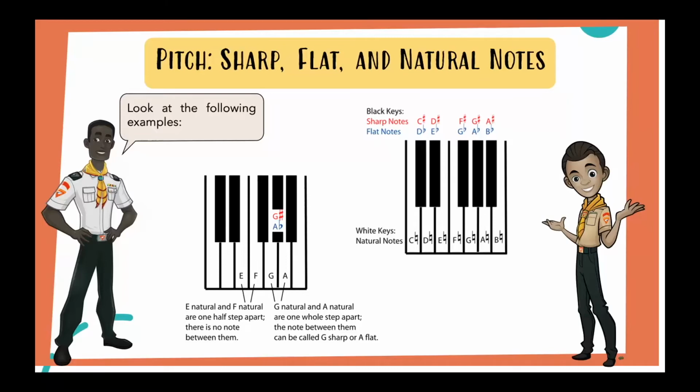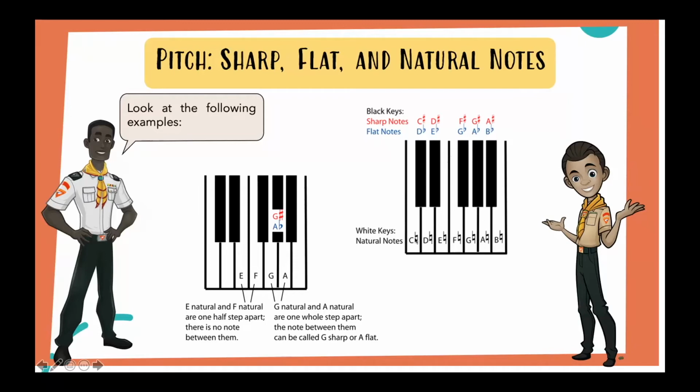That's right. So basically here we have C sharp or D flat, then we have D sharp or E flat. But here you see it's missing a note. It's because E and F are already a half step apart, but C and D are a whole step apart.